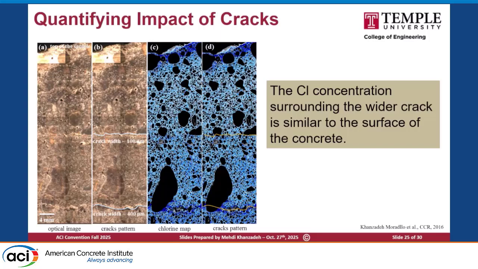So we looked at this, and as you can see here, we have wider crack versus narrower crack. When we have a wider crack, the concentration of the chloride is the same as the concentration of the chloride at the top of your sample, okay? So again, this can help us to understand the impact from the cracks and how that's going to change the chloride concentration over the depths and quantifying that.